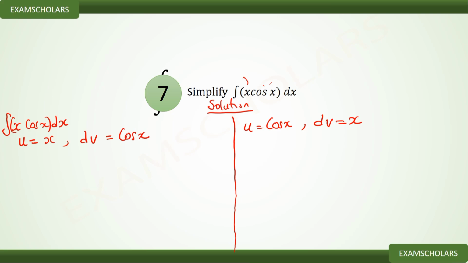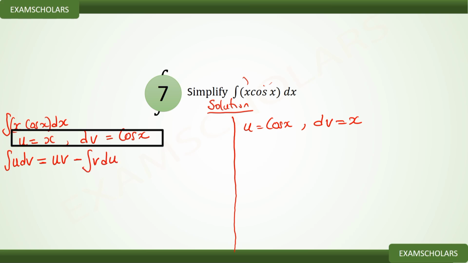So now you have gotten u, which means that our expression here has turned to u dv. Don't forget our formula will now be equal to uv minus, this one is u dv, so the integral of v du.